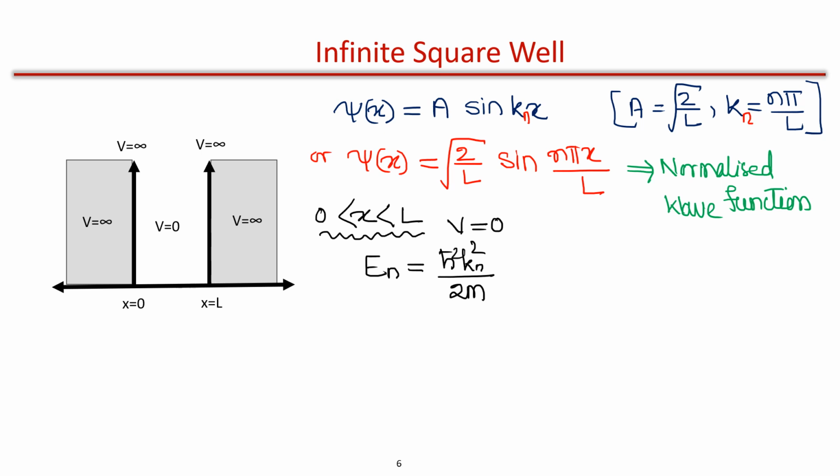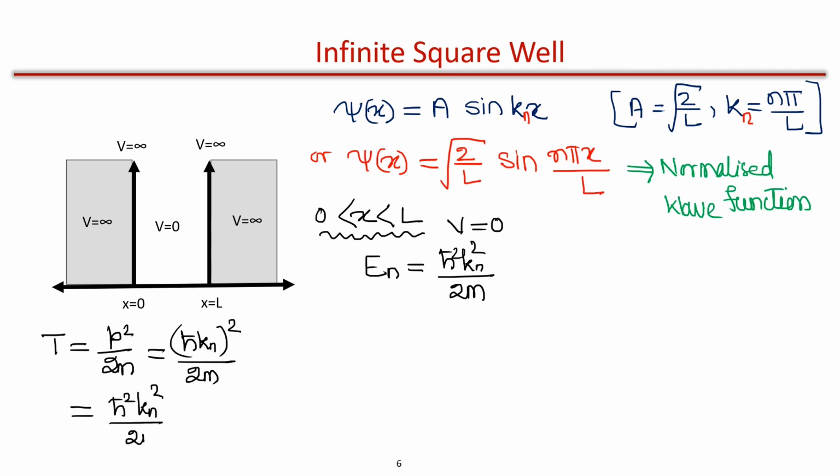We know that kinetic energy is equal to p square by 2m, as p is equal to h cross k. Hence you can write h cross square kn square by 2m, where m is the mass of the particle.